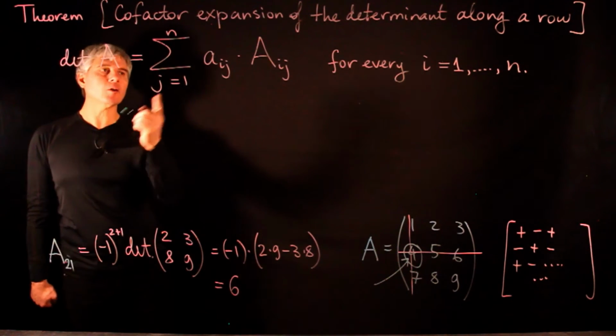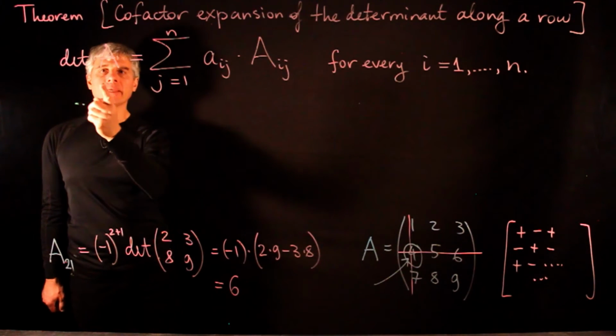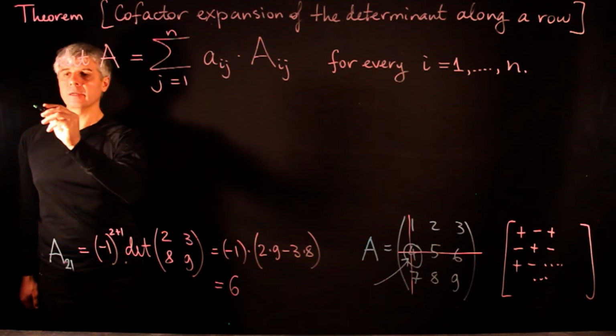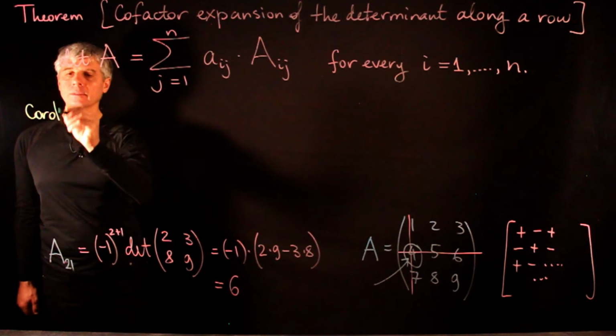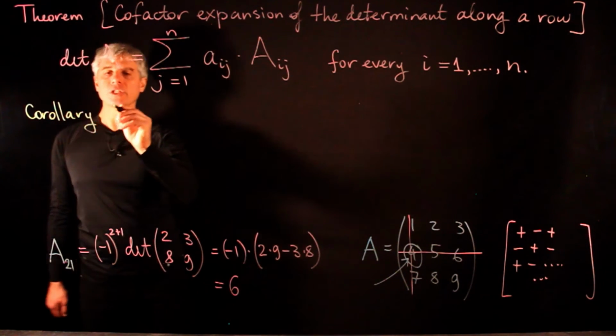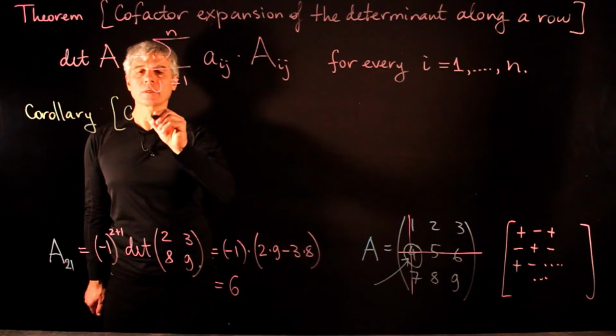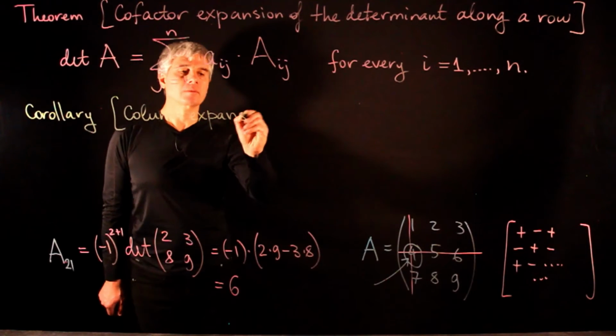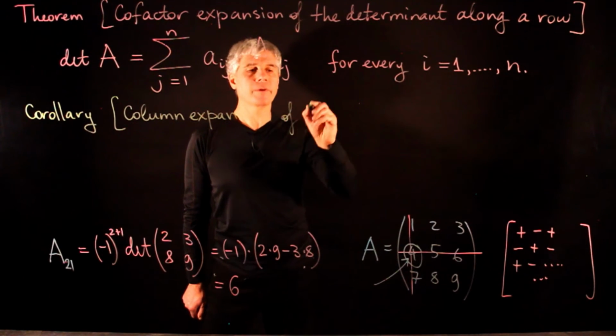Let us state a corollary that we obtain by applying this formula to the transpose of matrix A. So we get the corollary, which is column expansion of the determinant.